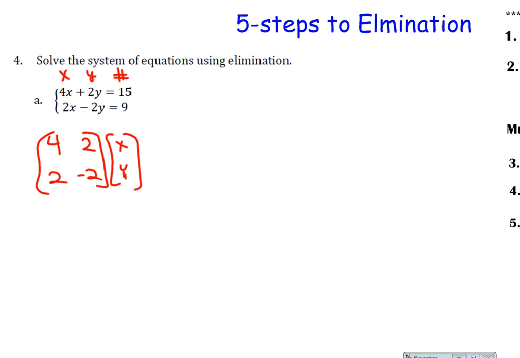The reason that works is because when I multiply matrices, I would multiply this top row times this column, then this bottom row by this column, and I would get that. All right, so I'm just taking just the coefficients, and then I've got another one over here with just what it equals like this. So my matrix looks like this.